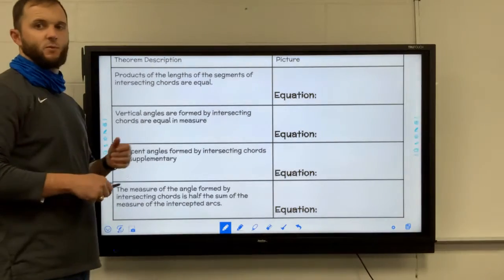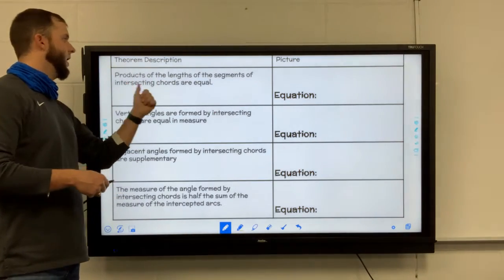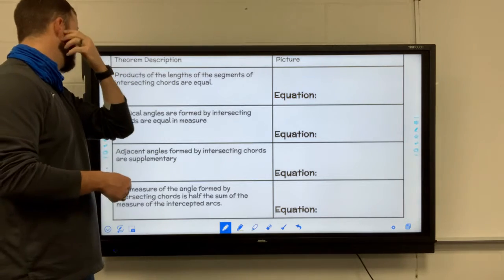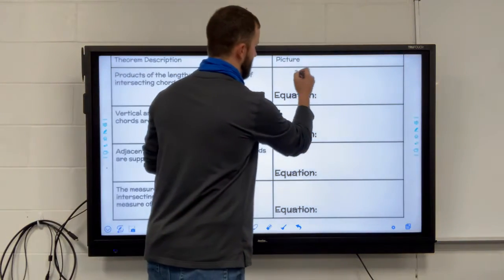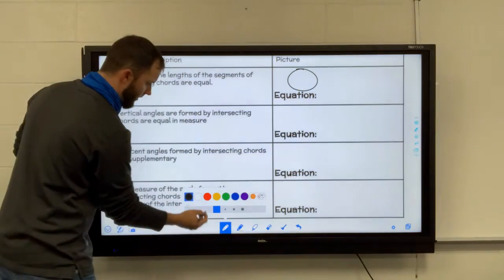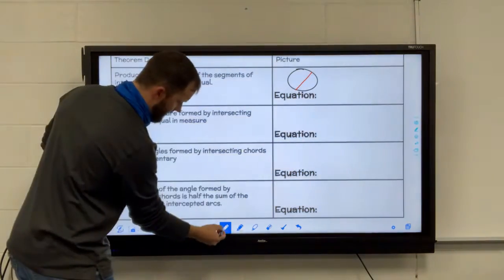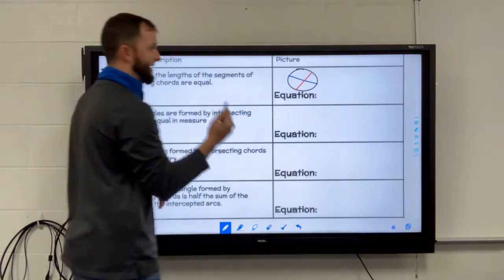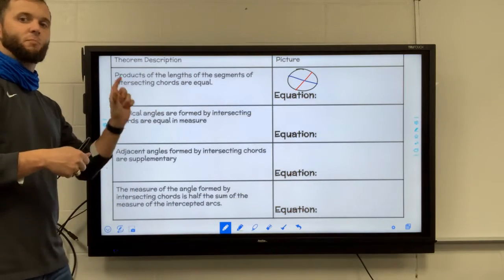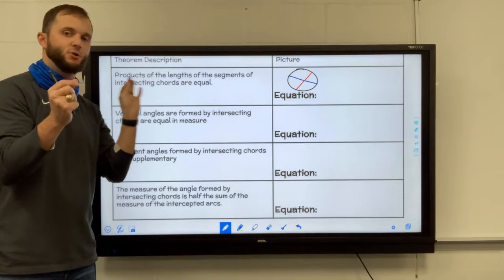All right, guys, so the first thing we're going to look at is the first theorem here: the products of the lengths of the segments of the intersecting chords are equal. So what this means is if you're given a circle and you have a chord going across it, and then another chord going across the circle, and they're intersecting inside of that circle, the products of the two lengths that are created, if I multiply those together, are going to be equal.